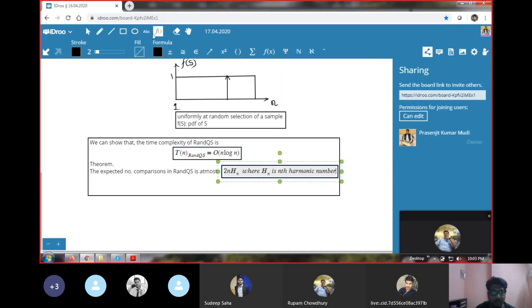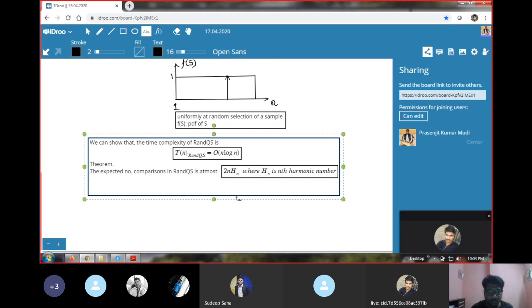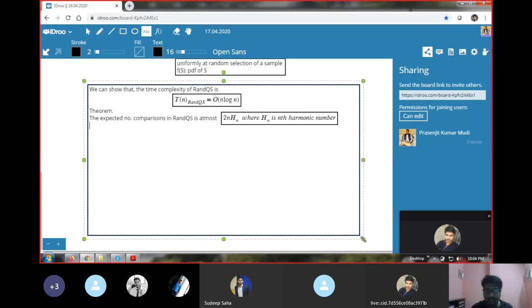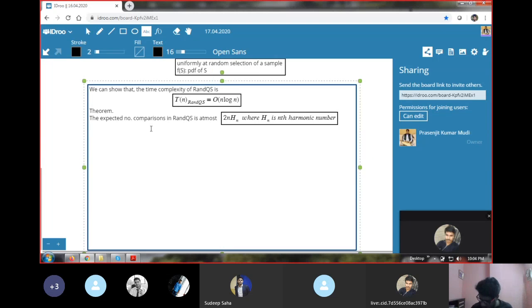So we will prove this theorem so as to come up to the result: time complexity of randomized quicksort is equal to order of n log n. Okay, so let's go for proving the theorem. And while proving the theorem, we will use the probabilistic method concept a little bit.